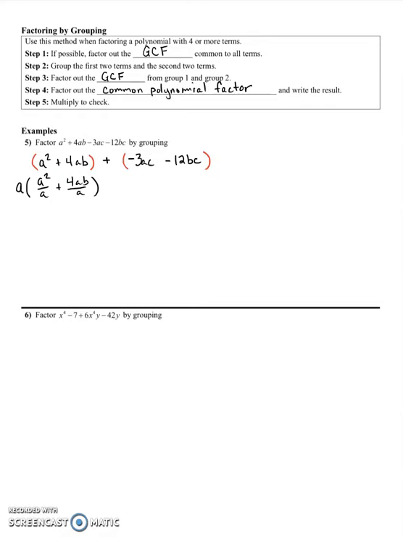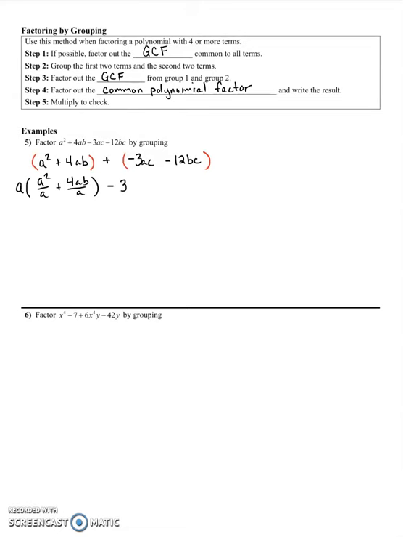Now let's do the same thing with the second set of parentheses. So we have 3 and 12. The only thing that multiplies to give us 3 is 1 and 3, and 3 goes into 12. Also, since the 3, which is in our leading term in that parentheses, is negative, we'll take out a negative 3.